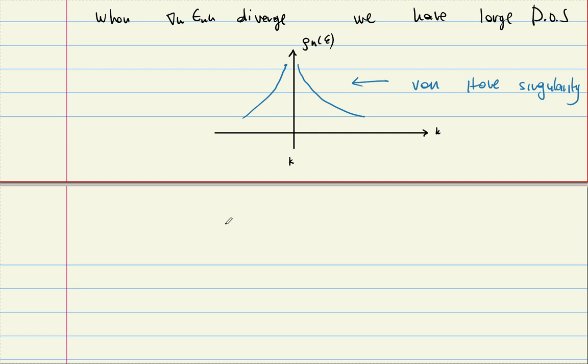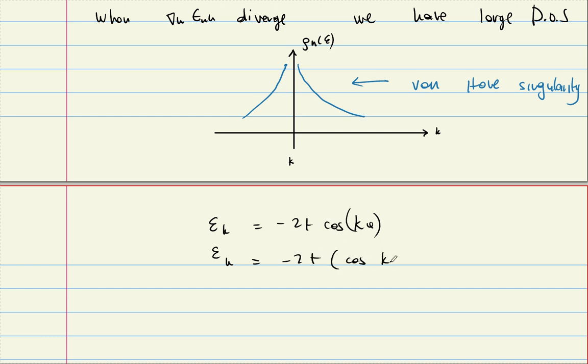But at the end, we are going to have bands like this. For example, Ek in 1D is going to be minus 2t cosine ka, or Ek in 2D is going to be something like this, minus 2t (cosine kxa plus cosine kya).